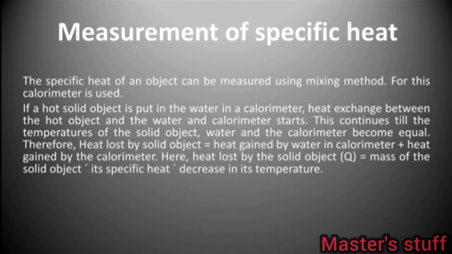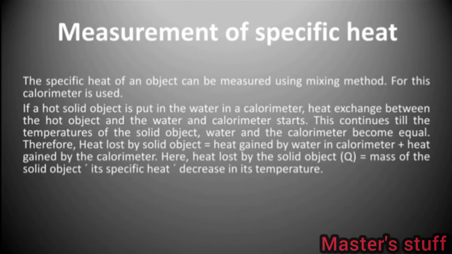If a hot solid object is put in the water in the calorimeter, heat exchange between the hot object and the water and calorimeter starts. This continues till the temperature of the solid object, water and the calorimeter becomes equal.